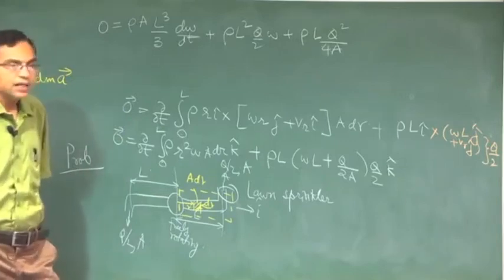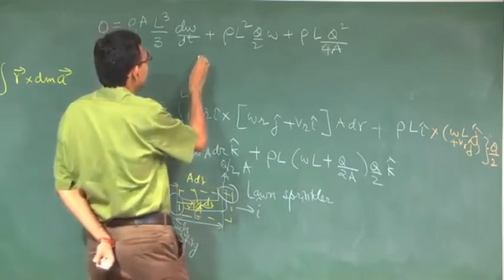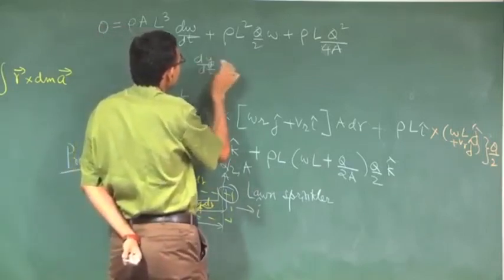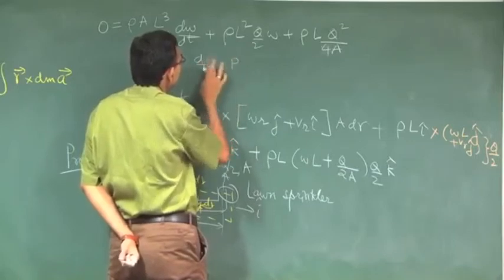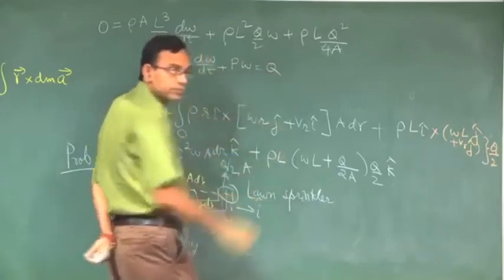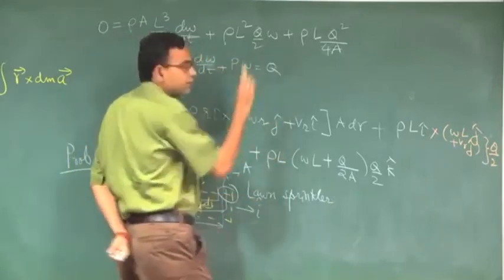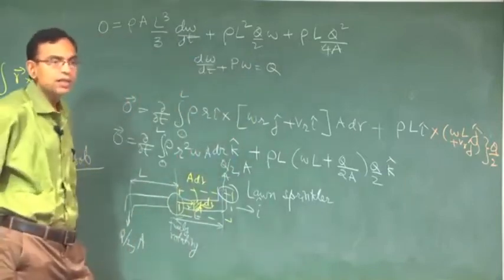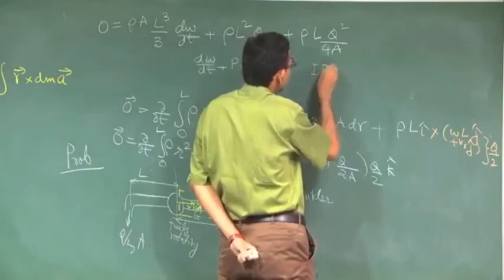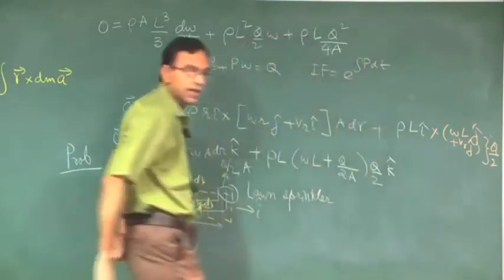And how do you integrate this? A simple trick is, this equation is of the form d omega dt plus p omega is equal to q, where p and q could be functions of time, here not, but in general they could be functions of time. So you can use the integrating factor e to the power integral p dt, you multiply both sides.